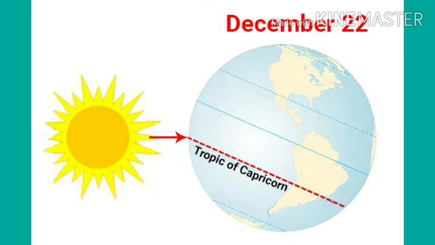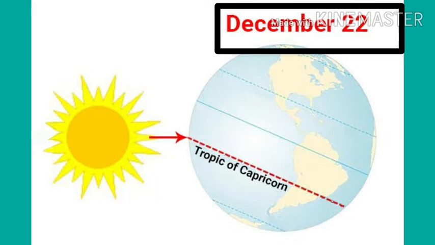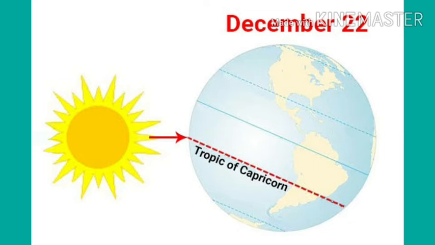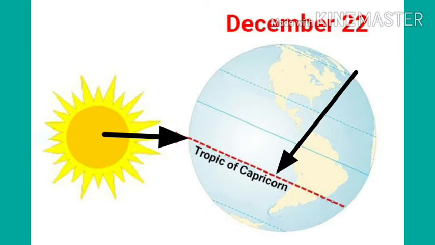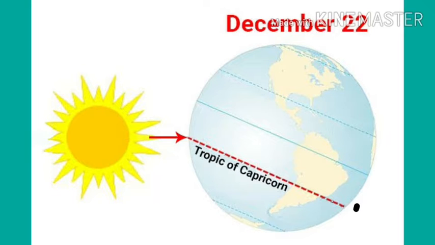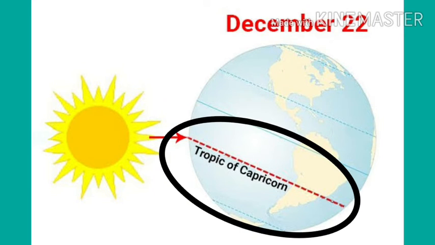Every year on 22nd of December, sun rays fall directly on the Tropic of Capricorn. At this time, the southern hemisphere is tilted maximum towards the sun. This is called winter solstice.